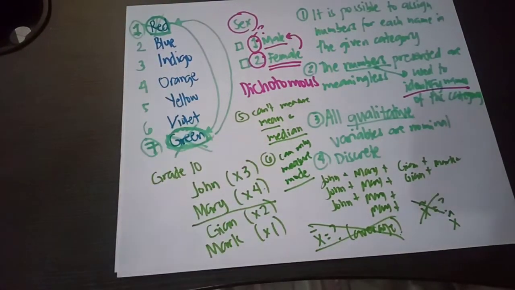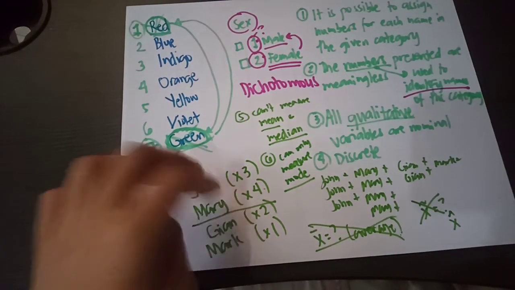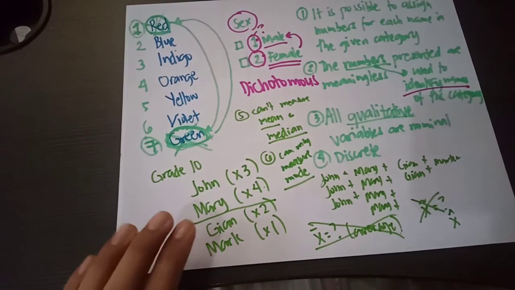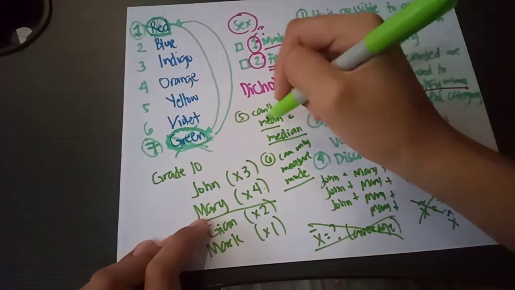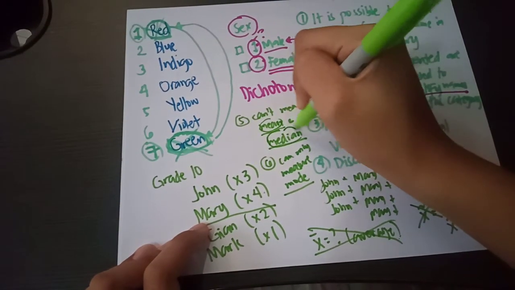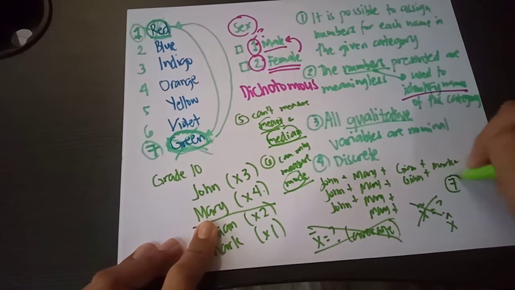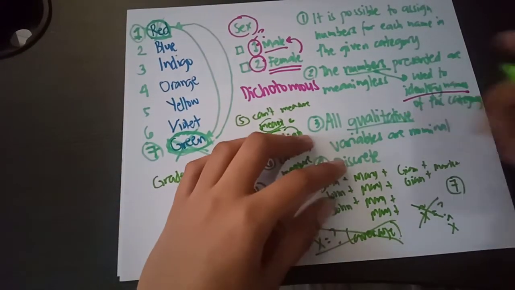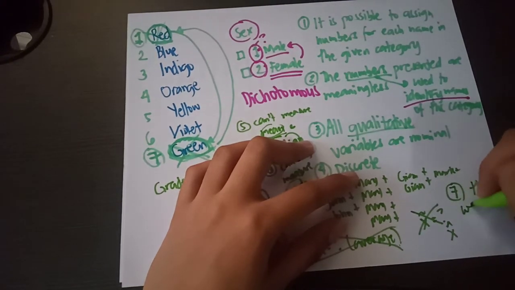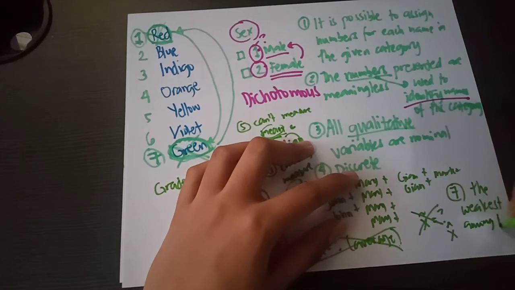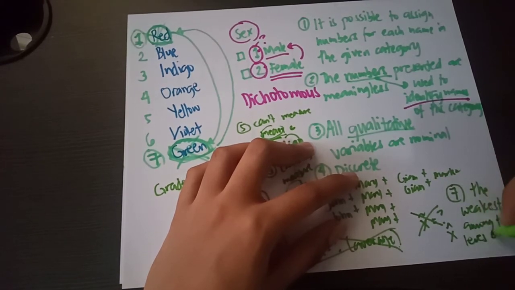And mode can be very biased, because it only pertains to the frequency. So, since nominal scale cannot measure mean and median, and it can only measure mode, another characteristic of nominal scale is that it is the weakest among the levels of measurement.